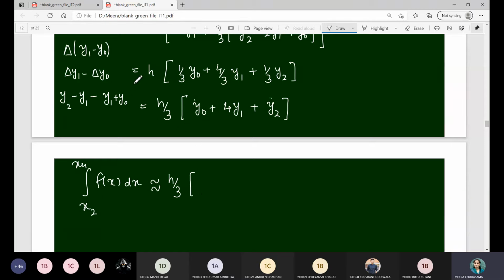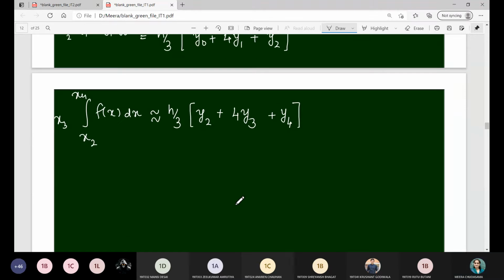For x0 to x2, the first value was y0. Here it is x2 to x4, so this will be y2 plus y4, because the lower limit is x2, the corresponding y value is y2, and the upper limit of the integration is x4, so the y value is y4, and 4 times the middle part of it, that means the middle of x2 and x4 is x3, and the corresponding y value is y3. So it is 4y3, right?